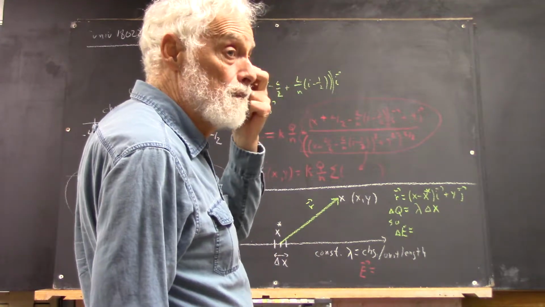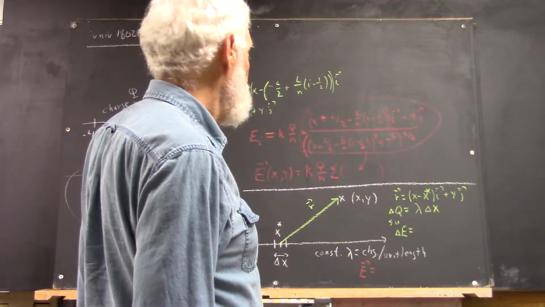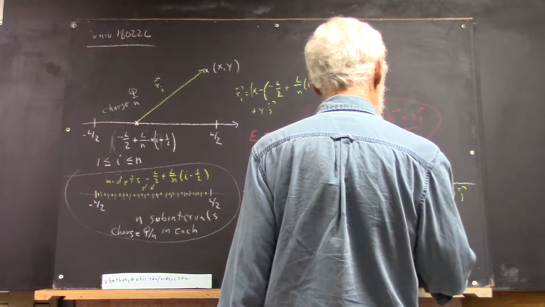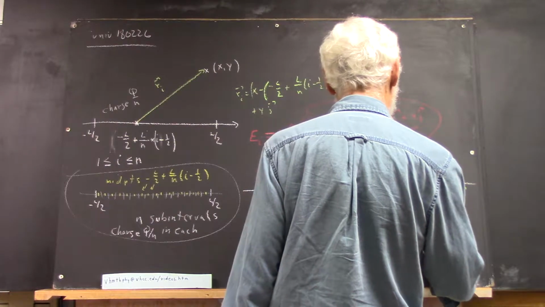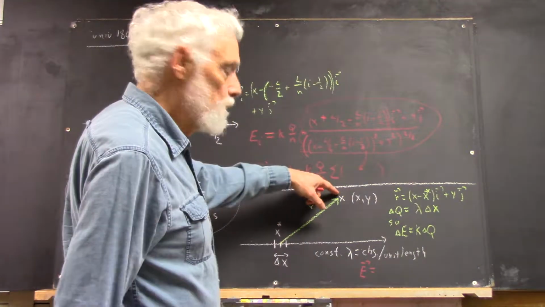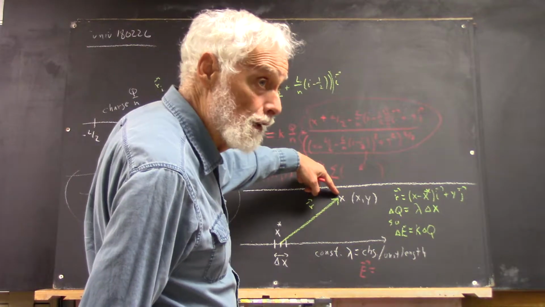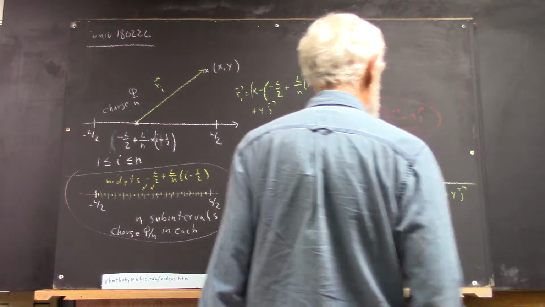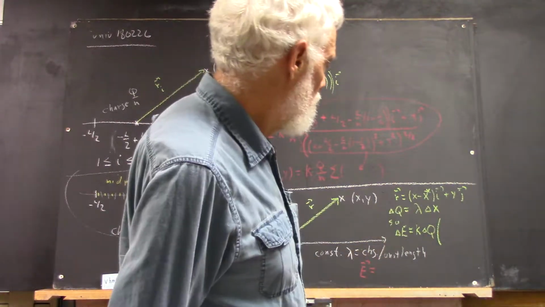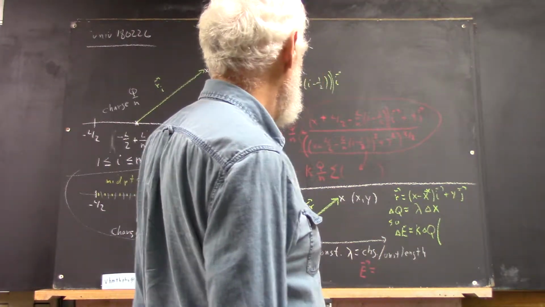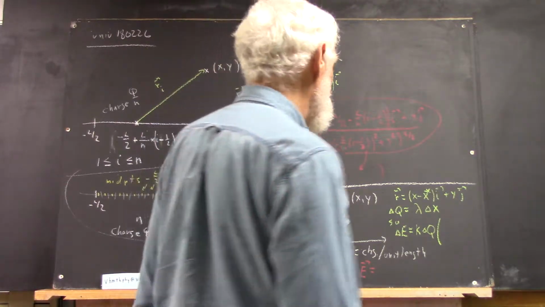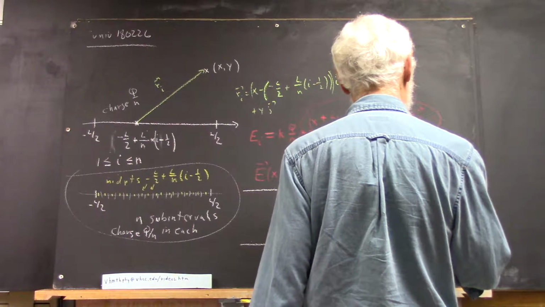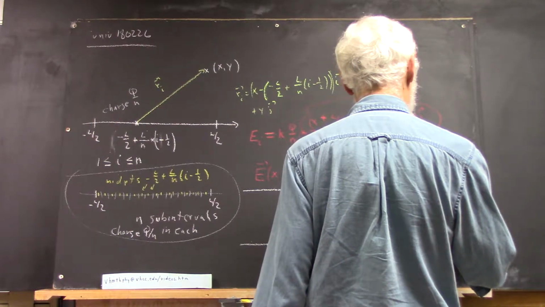That's going to be our force per charge. So it's going to be K delta Q. We don't need a little test charge Q here because we're just going to divide it out, aren't we? Times the R vector over the R magnitude to the 3 over 2.